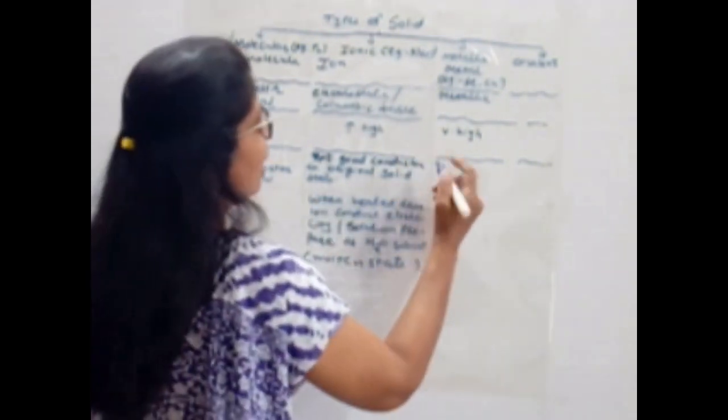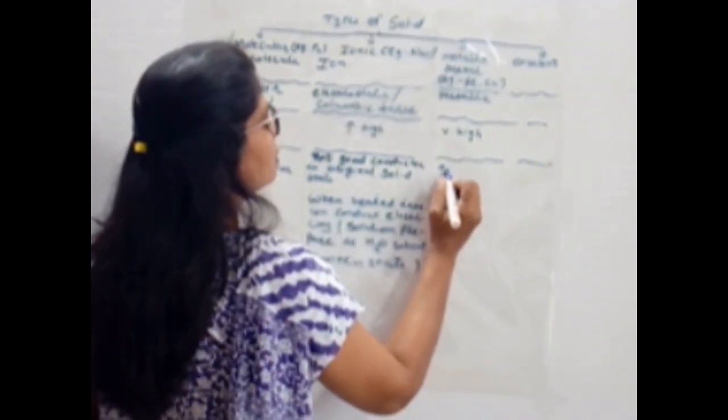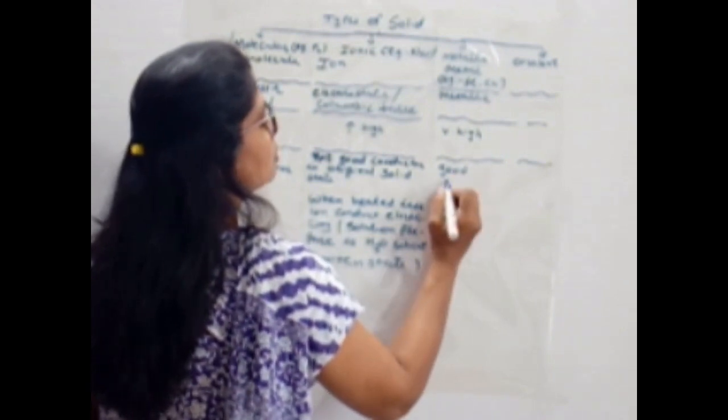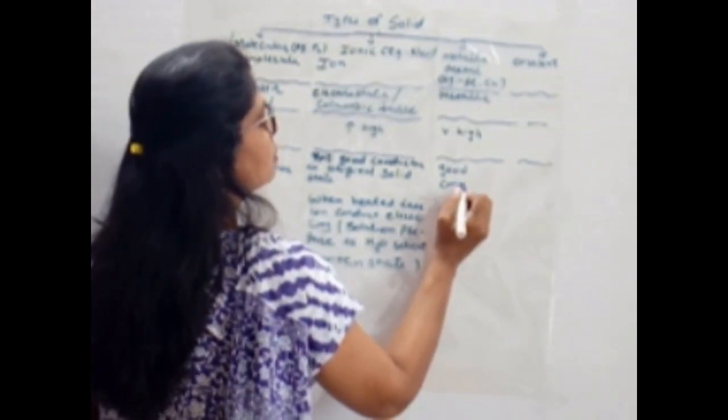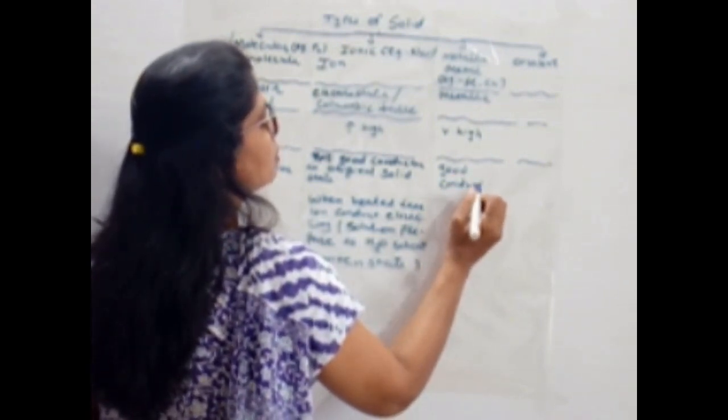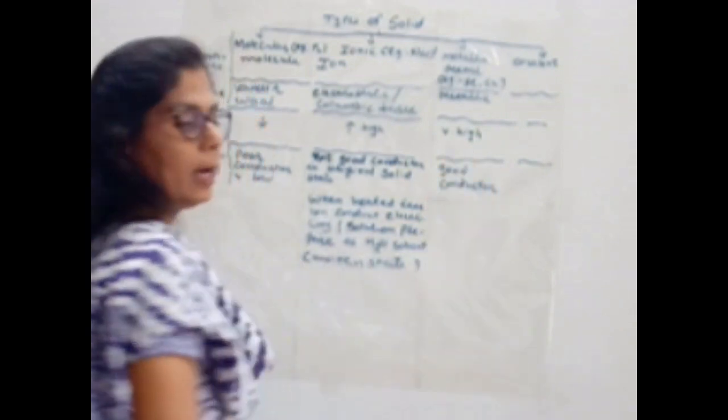They become the positive ion. They have the tendency to lose the electron or to donate the electron. So metals are good conductors. Hope you understand this.